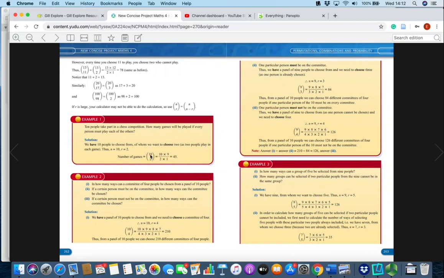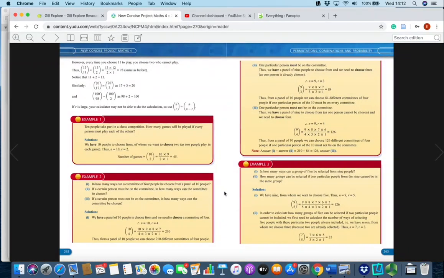So out of the 10, I'm choosing 2. So I have 45 different combinations of 2 people from a group of 10. On your calculator you do shift, the divide by sign, so 10 nCr 2, and you will get your 45.